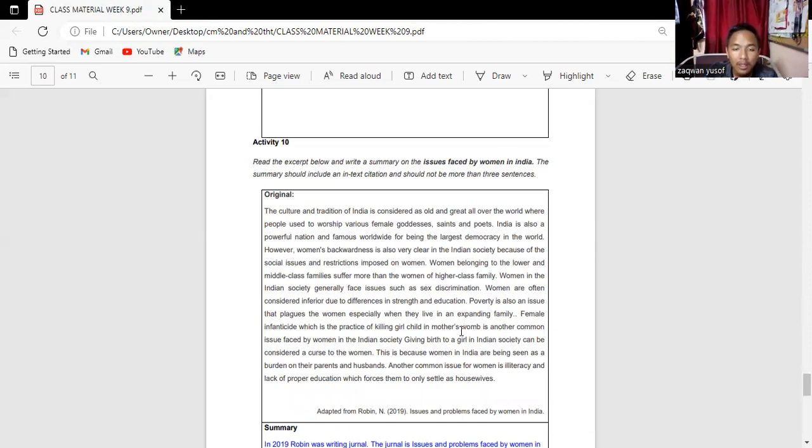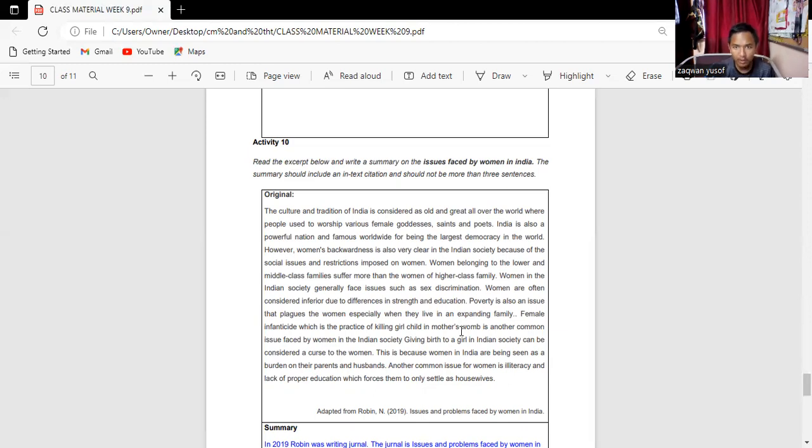restrictions imposed on women. Women belonging to the lower and middle class families suffer more than the women of high class families. Women in Indian society generally face issues such as sex discrimination.